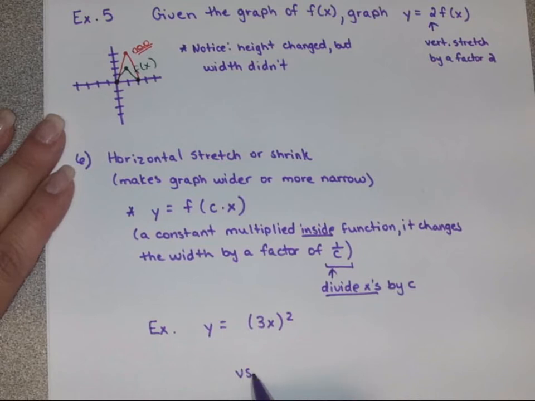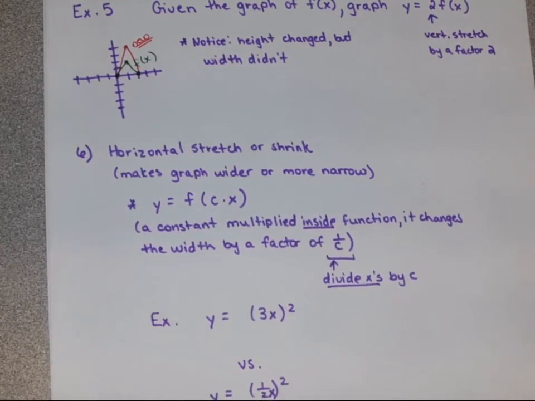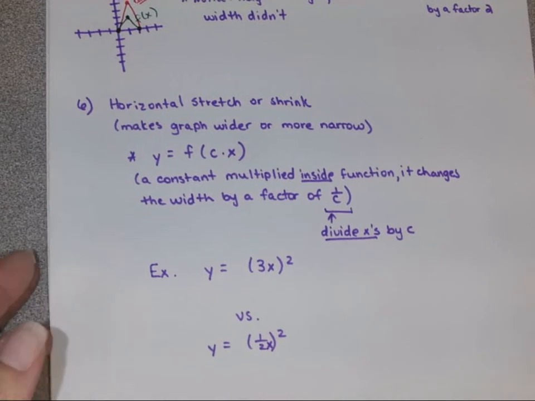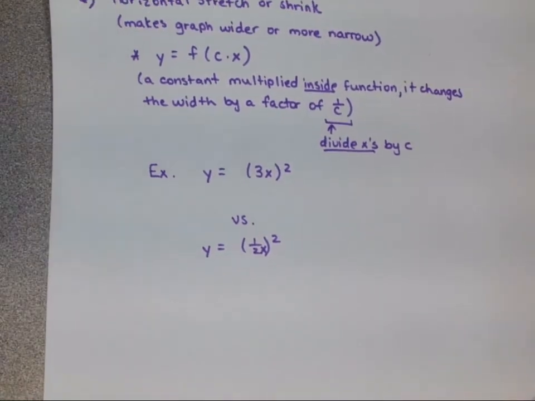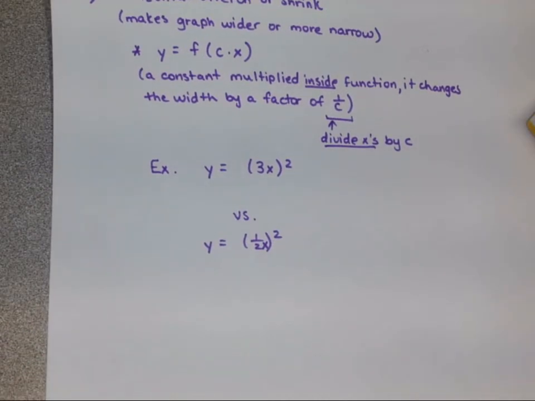So skip a line in between these, but let's compare. Let's compare (3x)^2 versus (1/2 x)^2. Just like the last one, what kind of shape do we definitely have? Parabola, because of the what?